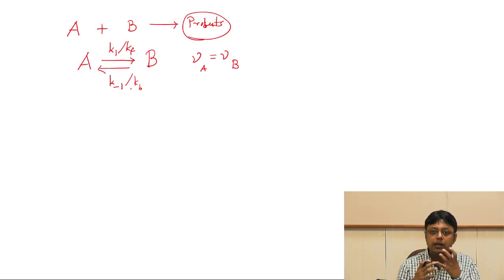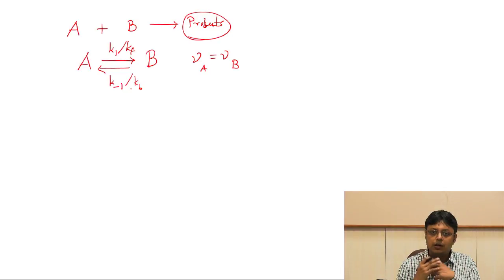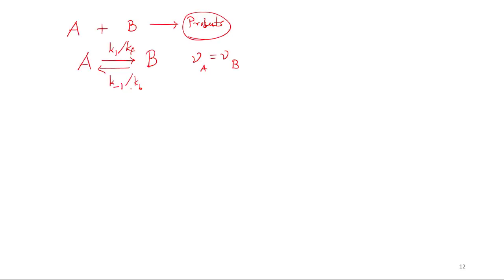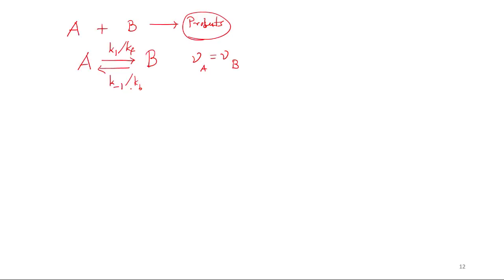But if you vary the concentration, initially A was at a very high concentration, so the rate of the reaction for A going to B was very high, but the rate of the reverse reaction was slow. But as soon as the concentration builds up for B, the reverse reaction also becomes significant, and at a point the rate of the forward reaction and the rate of the reverse reaction become equal, and at that point equilibrium is attained.